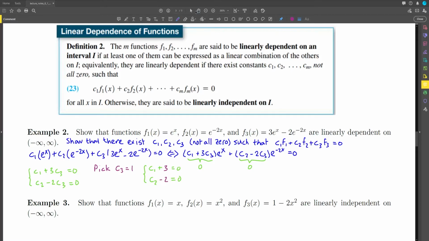And then from that, it follows that C1 equals negative 3, C2 equals 2, and C3 equals 1. That is one solution to this problem. And there are many other solutions as well if we pick C3 to be another non-zero constant. So that's one solution.